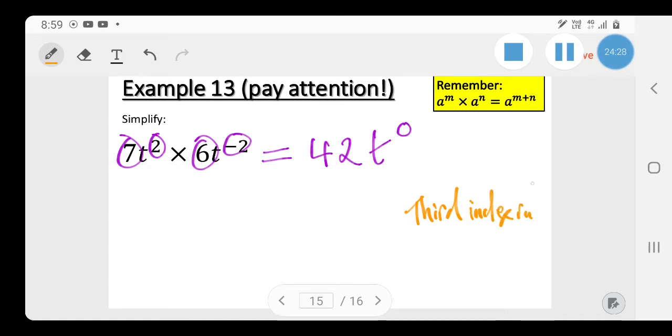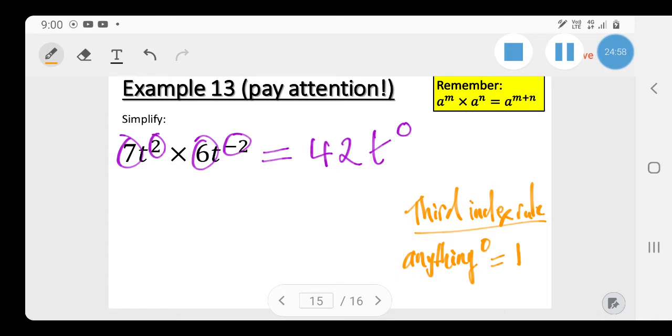Remember, we're doing the first index rule today, but sometimes a third index rule just pops up, and it's really easy to teach. Once you remember it, you've got it forever. All right, t to the power of 0. Well, what does that equal? Well, let me tell you the general rule. Anything to the power of 0 equals 1.